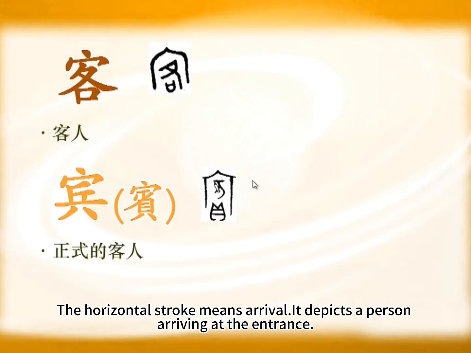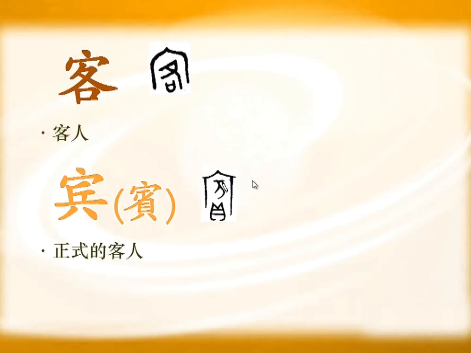The horizontal stroke means arrival. It depicts a person arriving at the entrance. The very bottom is bei. We said bei represents money, wealth. Here it represents a gift. A guest coming to your door bringing a gift, indicates a formal visit, a more formal guest.